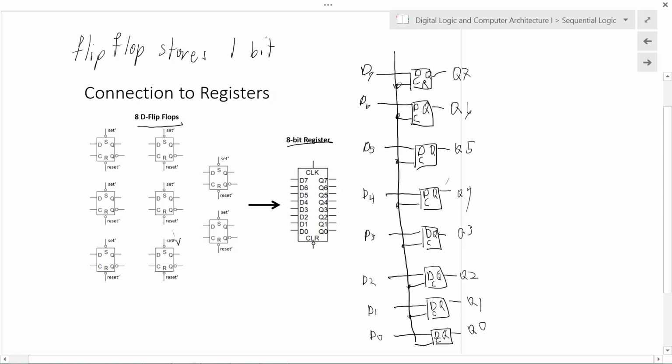We'll call this R. This is at the bottom.